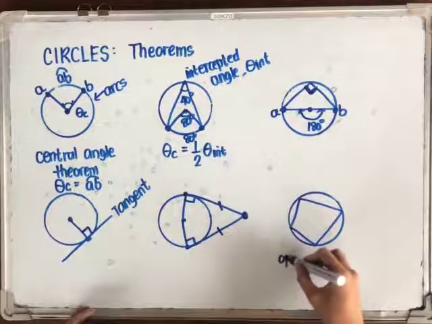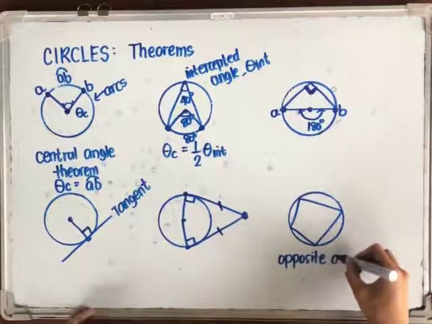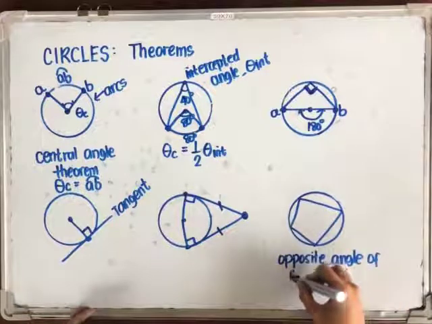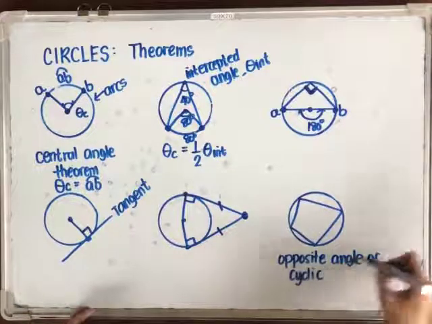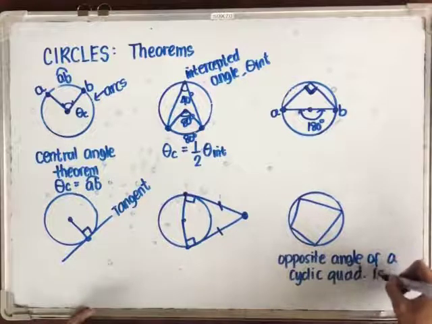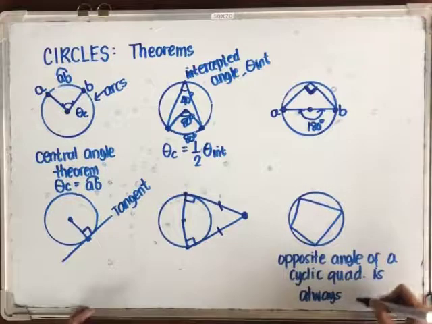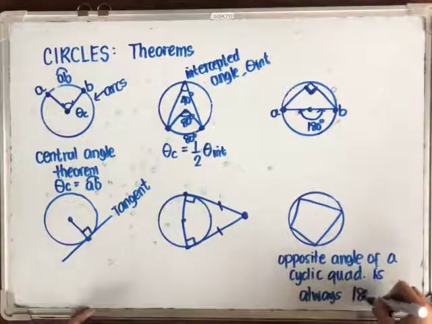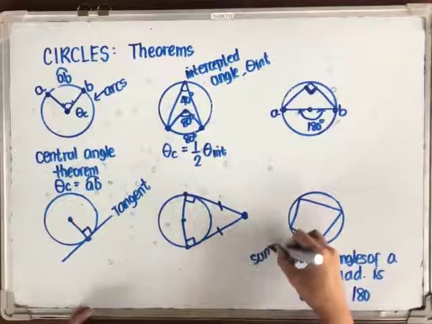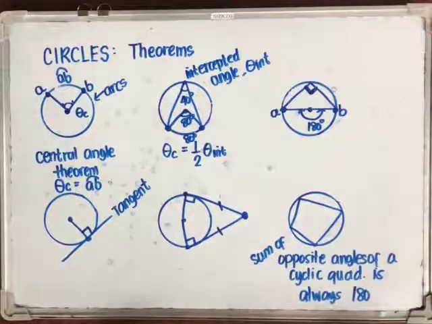Sulat ko ha, opposite angle of a cyclic quadrilateral is always 180. Sum dapat. The sum of opposite angles of a cyclic quadrilateral is always 180.